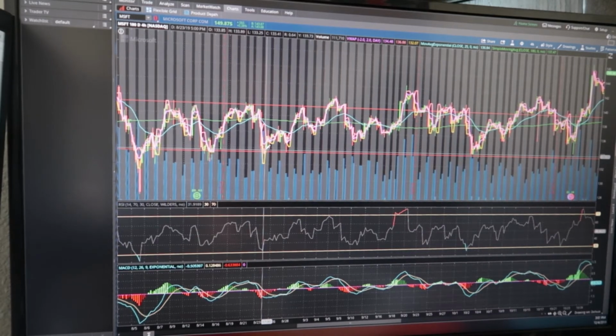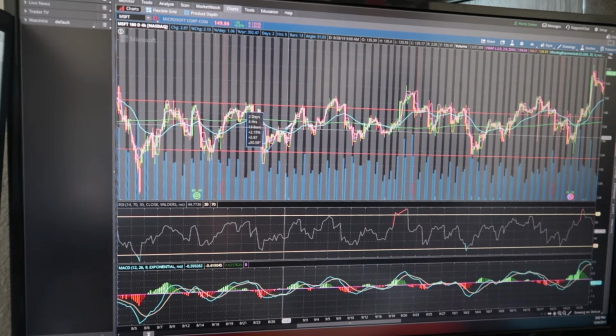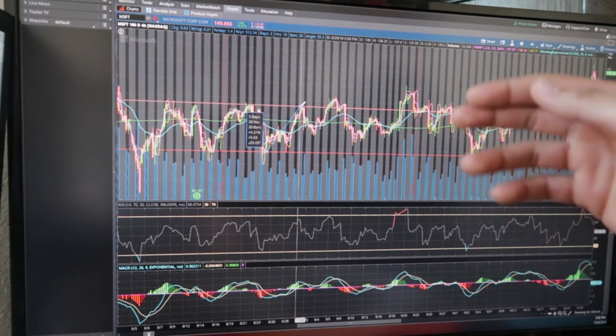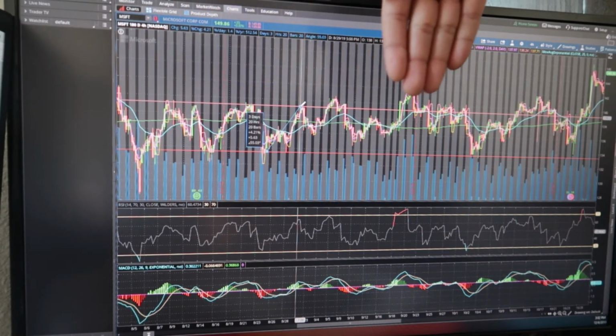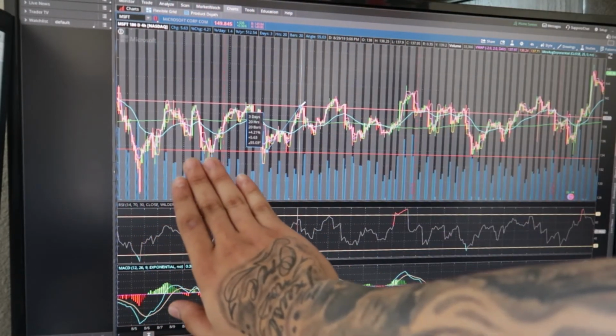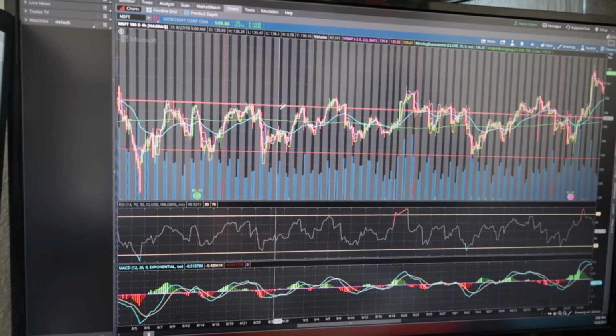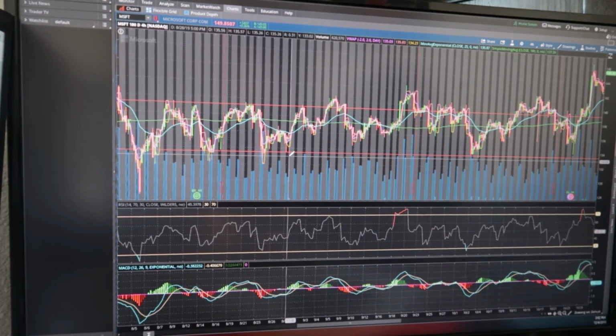So if I purchase, for example, one share of Microsoft at $133, I can feel comfortable selling this specific company at $139 because I've identified these levels of resistance which the market has failed to break above, and identified these levels of support, right? Identifying levels of support and resistance are going to help you a lot.